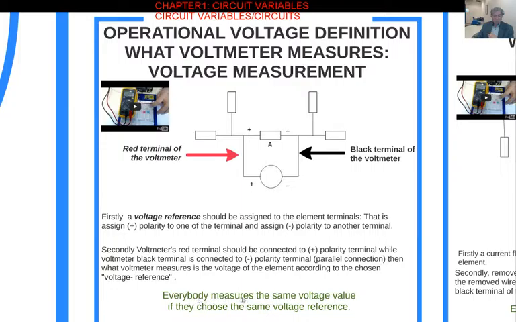So everybody measures the same voltage value if they choose the same voltage reference. There is a video here, you could watch it, showing how we are measuring it. So, conclusion: we need a voltage reference for an element in order to measure its voltage.